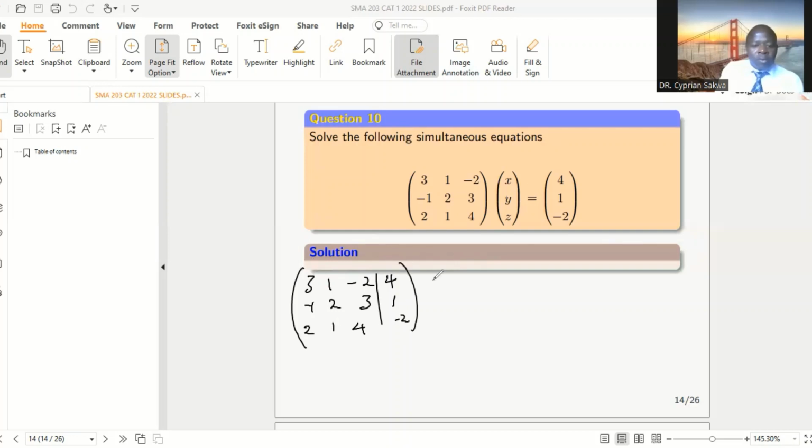And you know how to do this? Transform to reduced row echelon form.